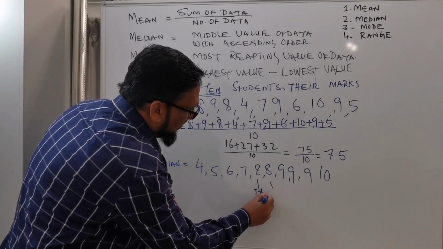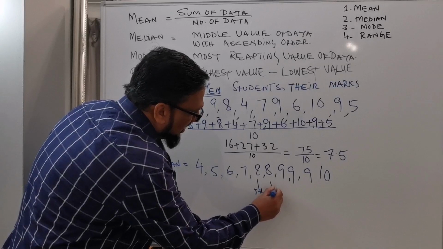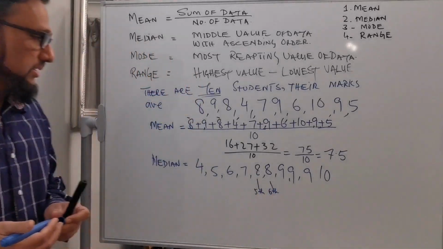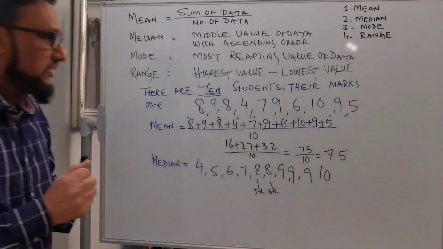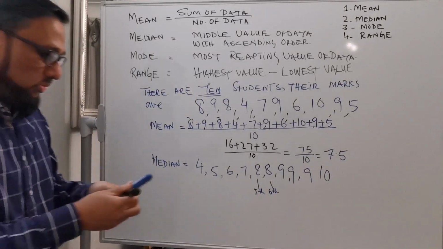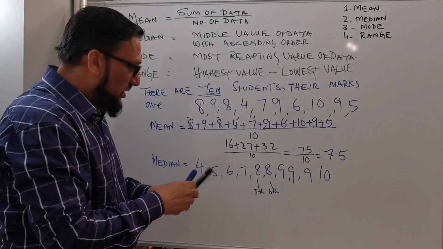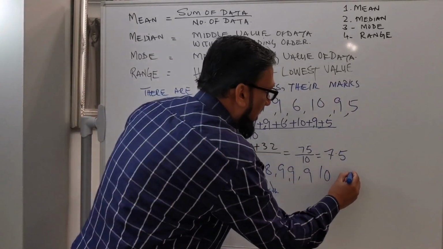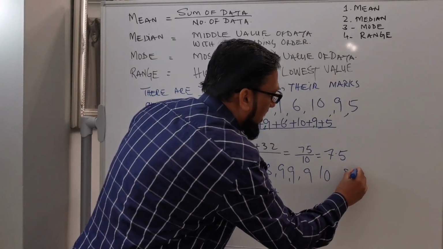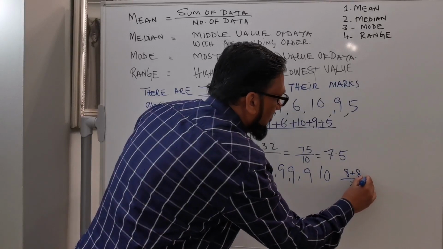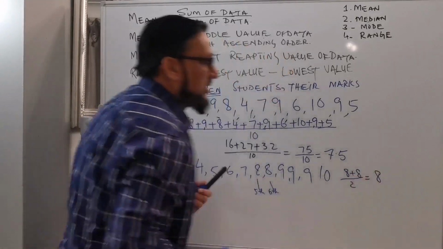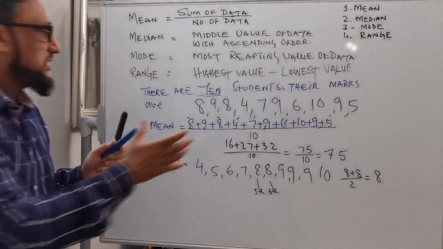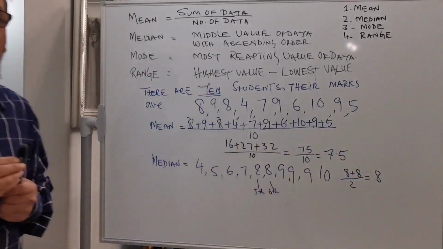This position is the 5th and this position is the 6th. So the value of the 5th added to the value of the 6th, divided by 2, is called median. So 8 plus 8 divided by 2 is 8. So the median for this set of data is 8.